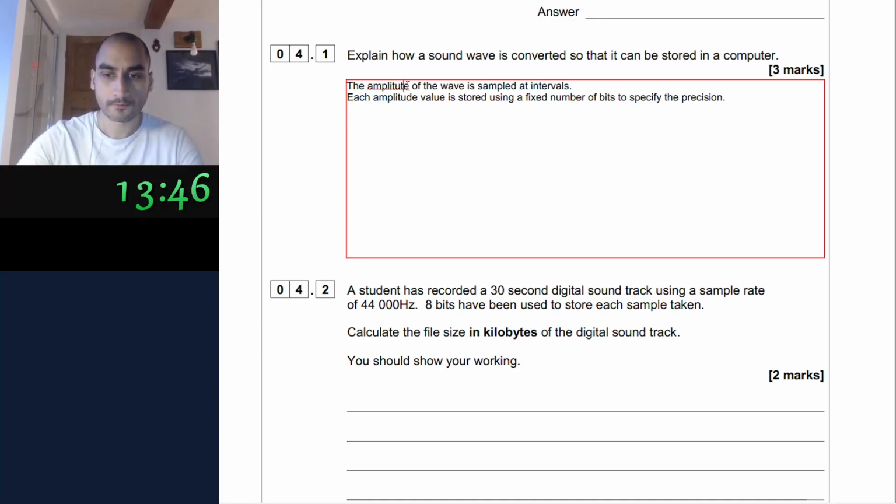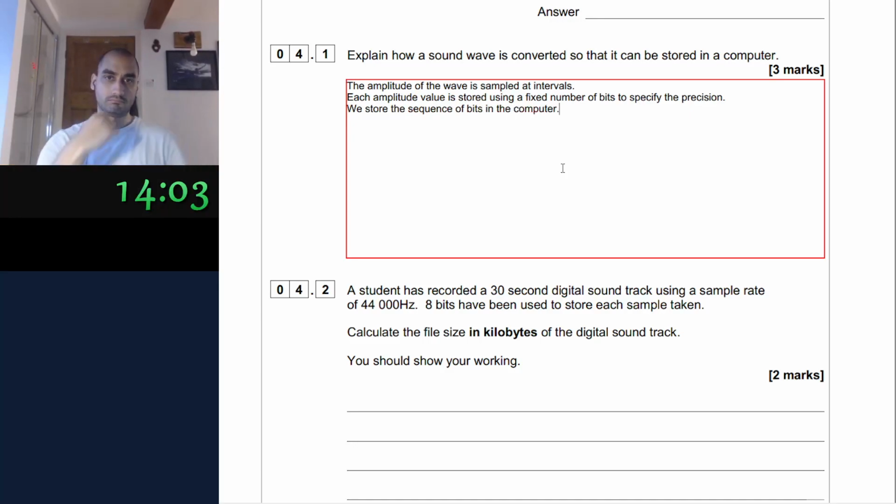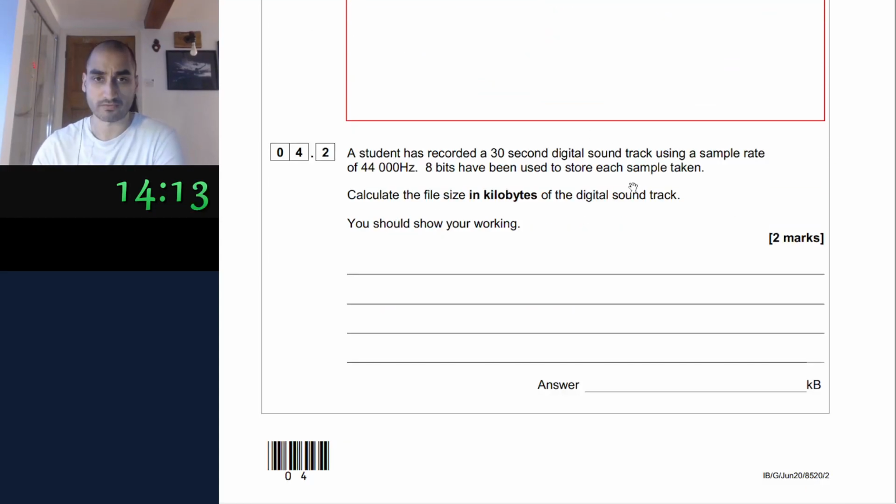Then we store the sequence of bits in the computer. I mean, they're talking about digital, right? I don't know where the 3 marks come from.